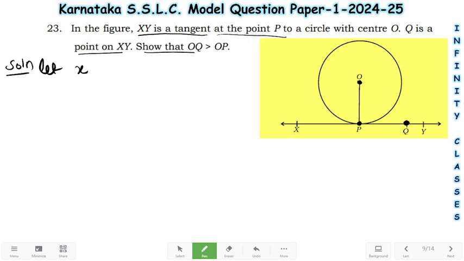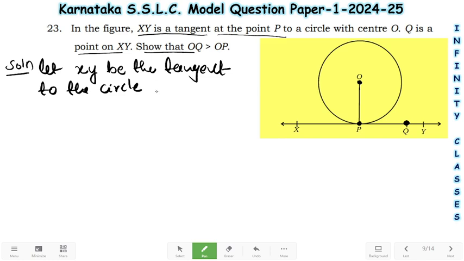Let XY be the tangent to the circle at a point P, and OP is the radius of the circle.